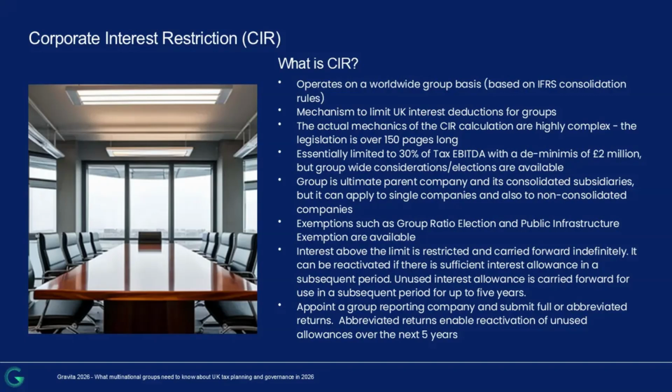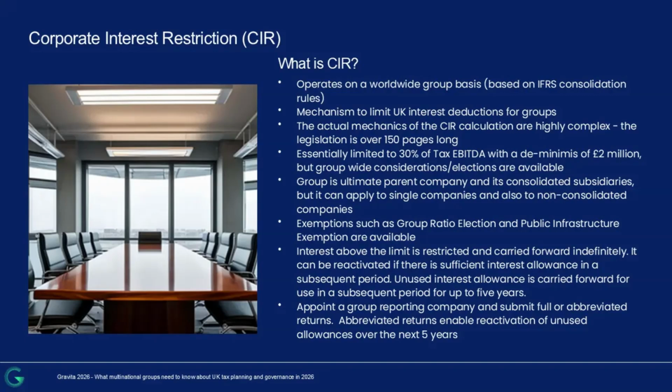Now, what's the next step? So for the group, you calculate your tax interest, your tax EBITDA, then you might end up with a disallowance under these rules, and you have to allocate those to the appropriate company. It's worth understanding that actually, if you have a disallowance in 1 year, there is still the possibility to reuse that, or if you've got a spare allowance in 1 year, you can reactivate that in the future.